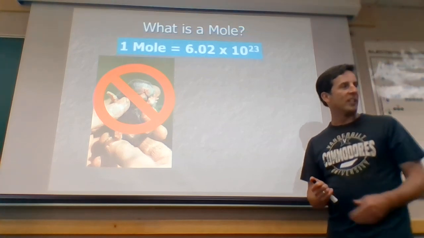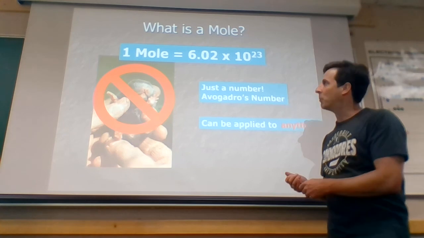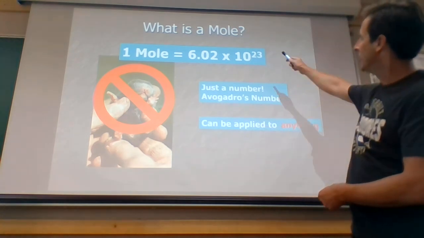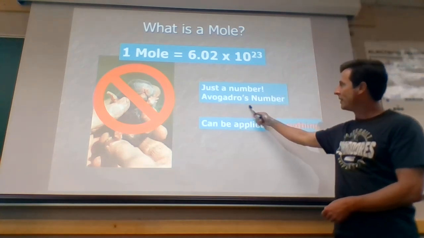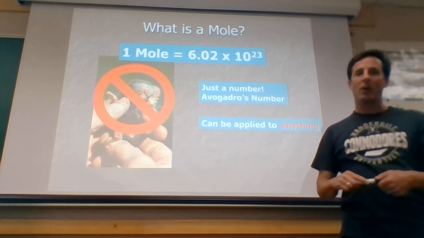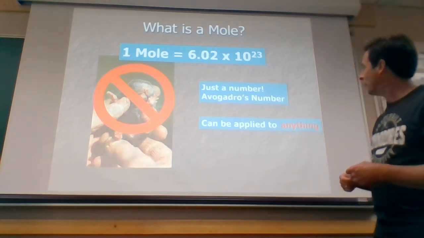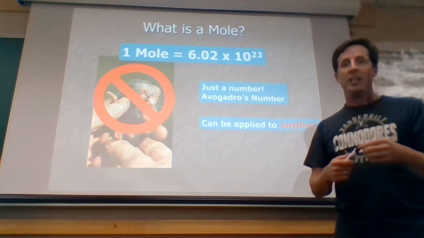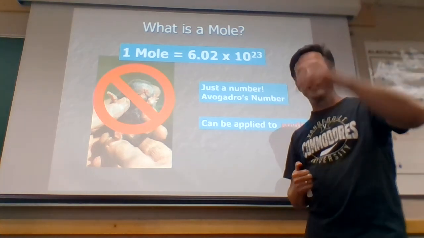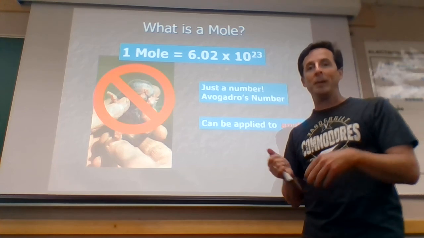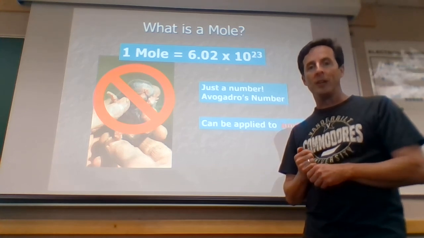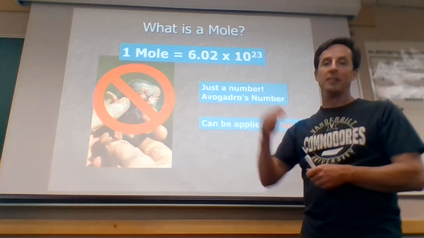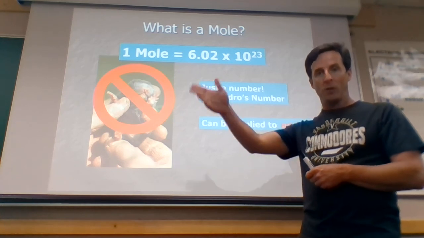A mole is just a number. 6.02 times 10 to the 23rd. We refer to that as Avogadro's number. Sometimes students call it avocado's number. But it's just a number. It's kind of like the word dozen. If I say, hey, go get me a dozen donuts, everybody would know that means 12 donuts. If I say, go get me a dozen eggs, you'd go get me 12 eggs.